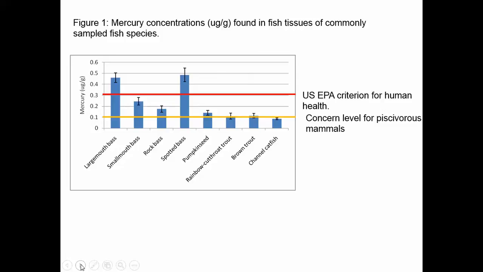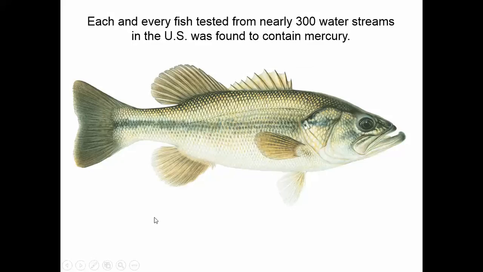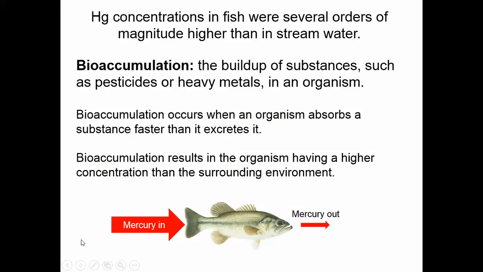And here is a concern level for piscivorous, which means mammals that eat fish. So every single fish tested from nearly 300 water streams in the U.S. was found to contain mercury. And as you go higher and higher on the food chain, you're going to find more mercury. So you'll see that bioaccumulation is taking place, just like we saw with our osprey in our M&M lab.